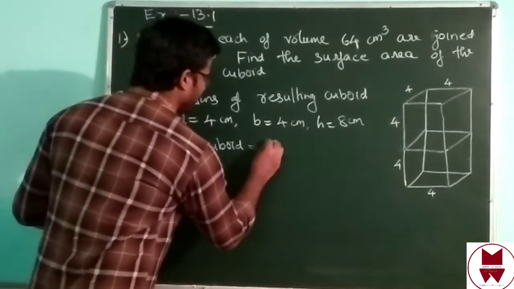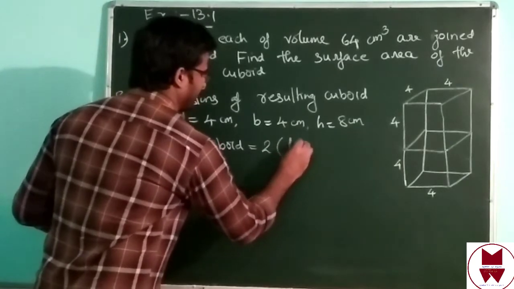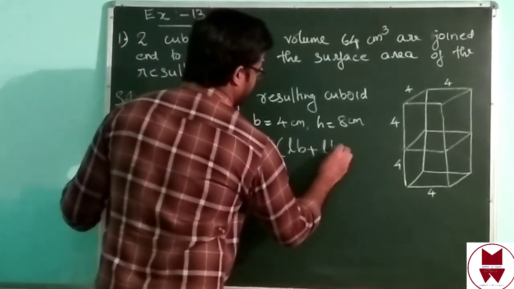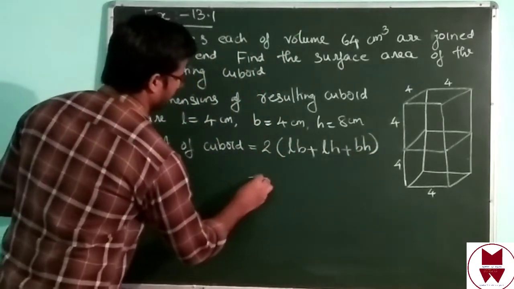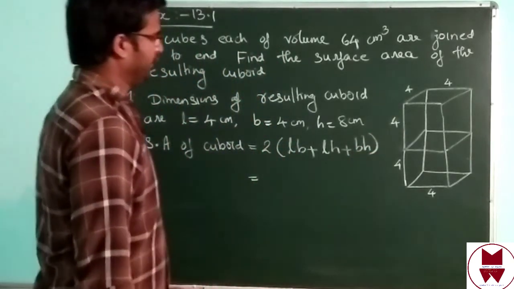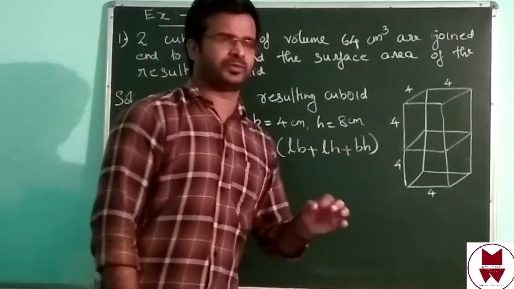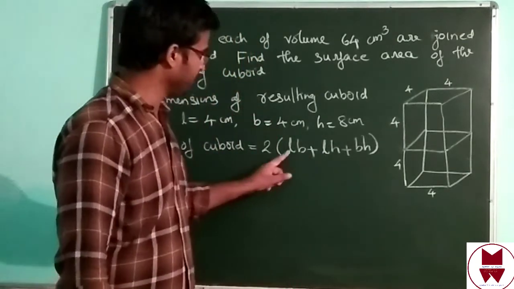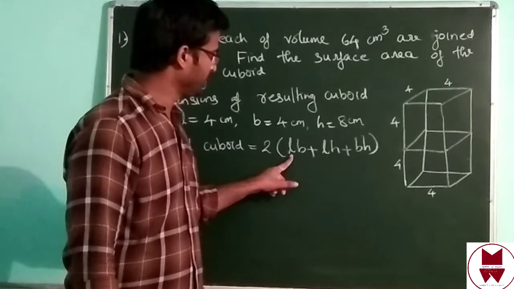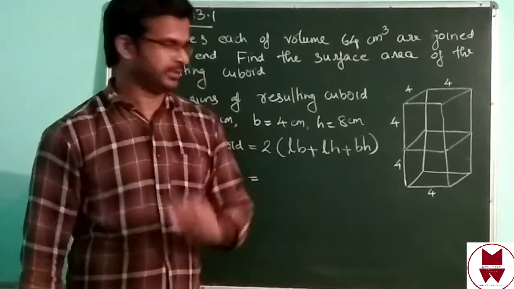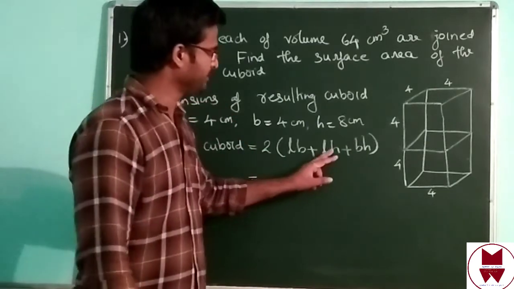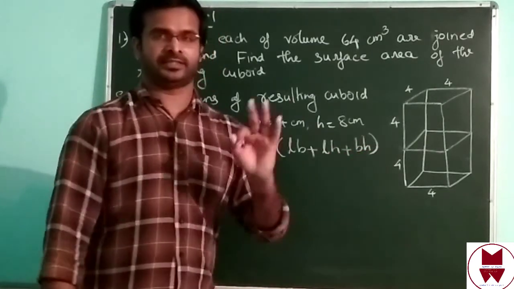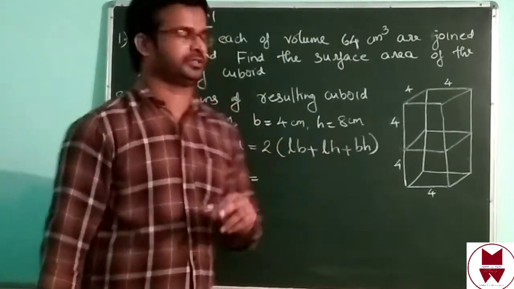That formula is 2 into LB plus LH plus BH. Then how can you remember this formula? Check it in here. L how many times repeated? 1, 2. L repeated 2 times, isn't it? B how many times? 1, 2. B also repeated 2 times. H 2 times. Okay. Each and everything will repeat 2 times.